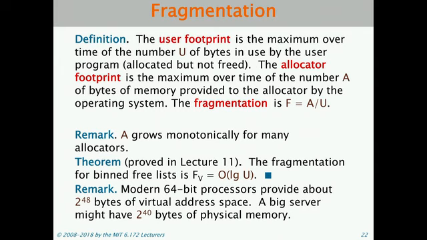They only support 2^48 bytes, and that turns out to be enough for all of the programs that you would want to write. That's also much more than the physical memory you would have on a machine. Nowadays, you can get a big server with a terabyte of memory, or 2^40 bytes of physical memory, which is still much lower than the number of bytes in the virtual address space.